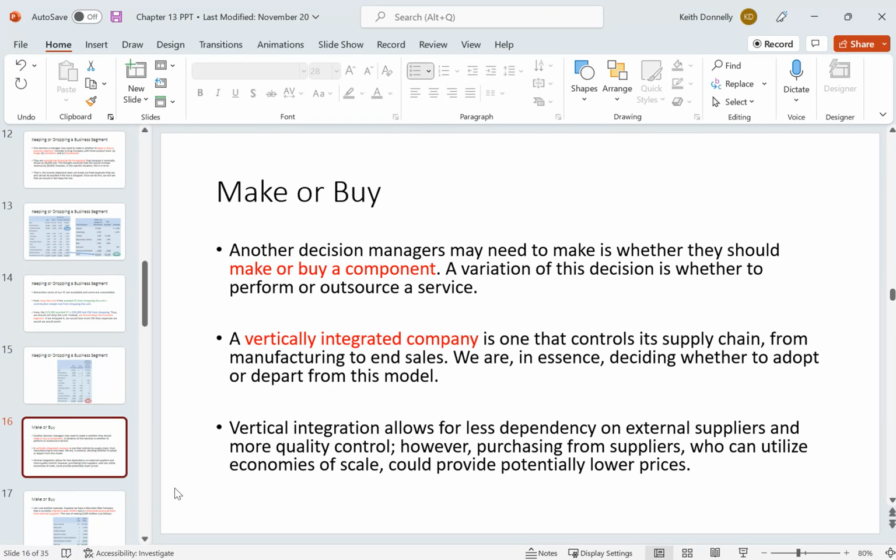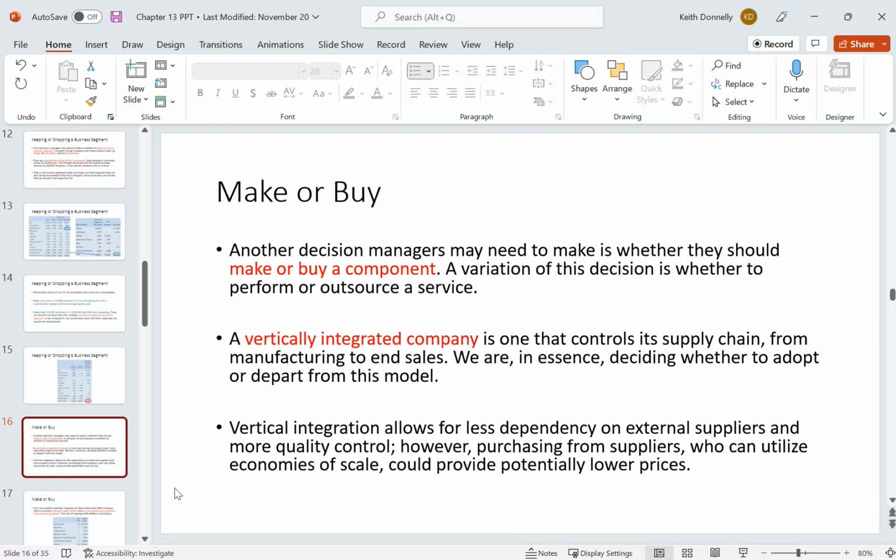Now, vertical integration, where you basically stack up your businesses, you have different abilities within the business to make the whole product. Maybe you make the strings, you make the body of the guitar. They allow for less dependency on external suppliers and more quality control. In other words, if you're making those strings for the guitar, you have better control over them. You can make sure the proper materials are used, they come out the way you want, they sound nice, and you're not as dependent on an external company.